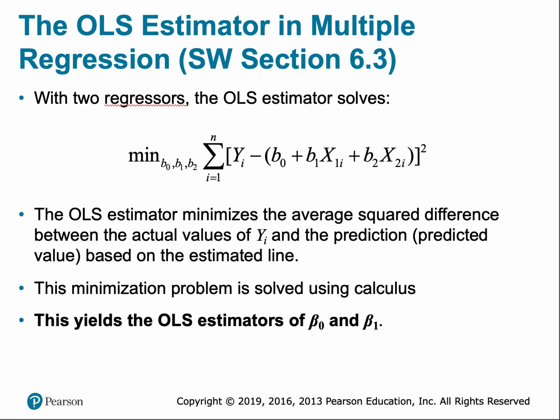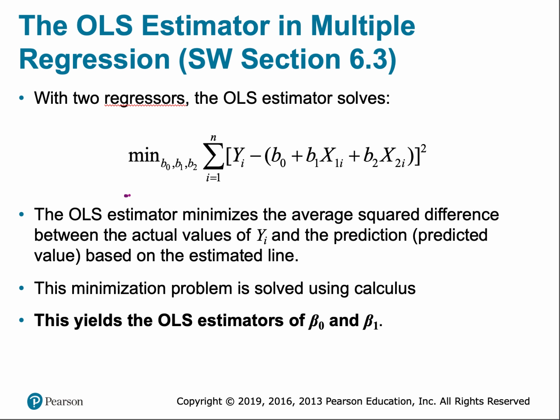In this video, we are going to discuss using ordinary least squares to estimate the coefficients of the multiple regression model that we introduced in the last video. With two regressors, as we discussed in the last video, the ordinary least squares estimator solves the following objective function. It is a minimization function.